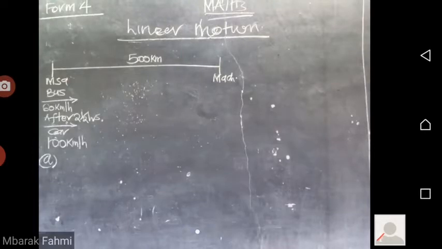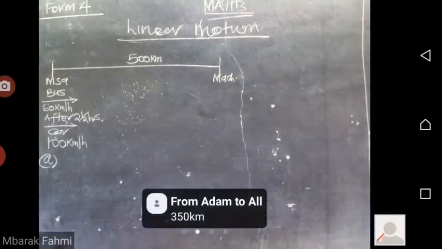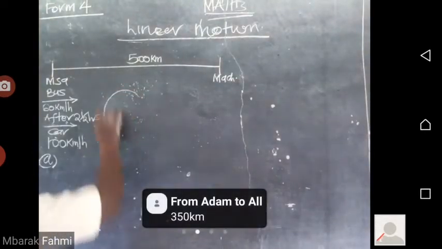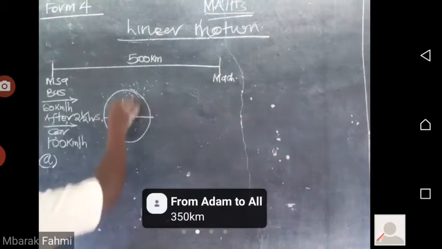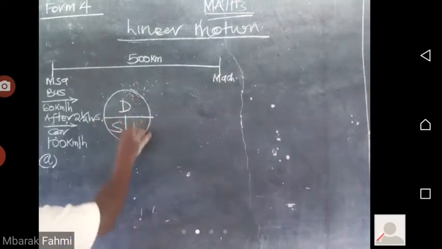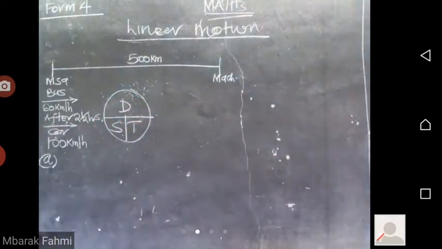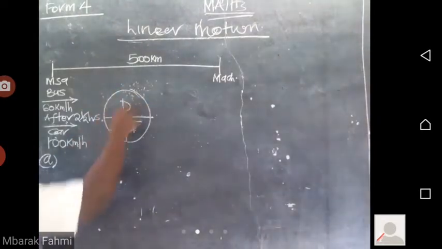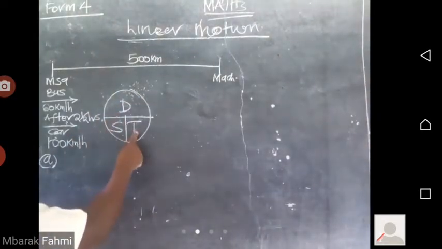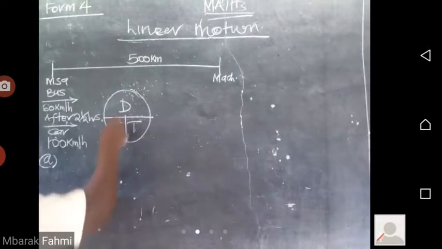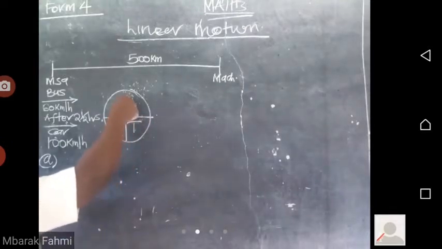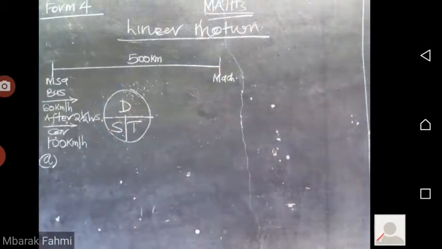Generally we'll be using DST. That is, distance is equal to speed times time, speed is equal to distance over time, and time is equal to distance over speed.